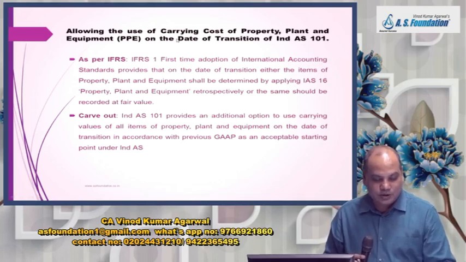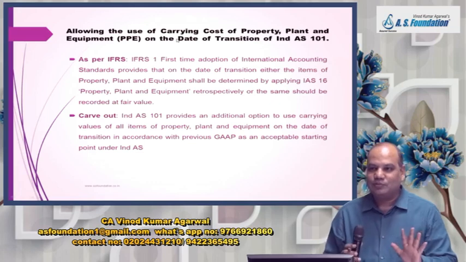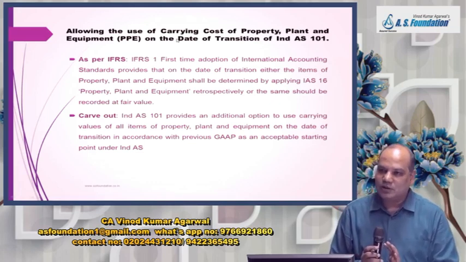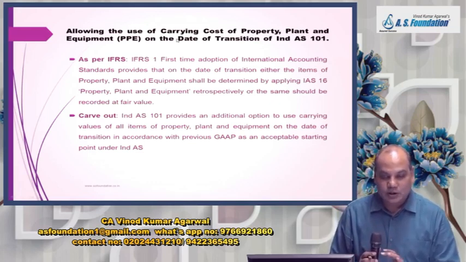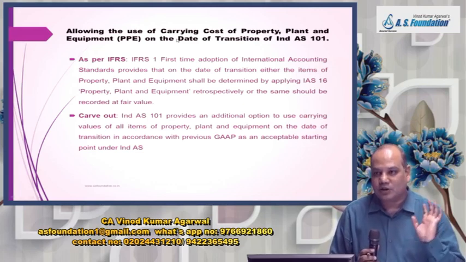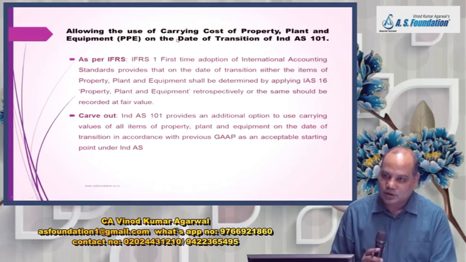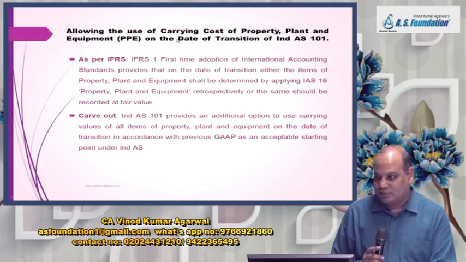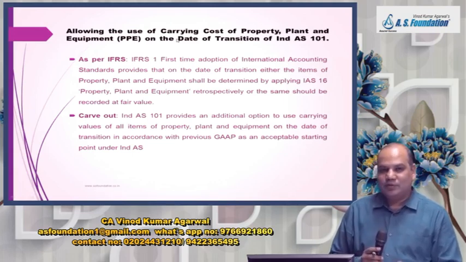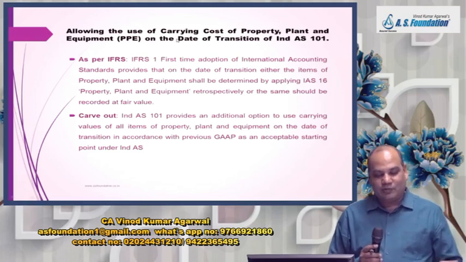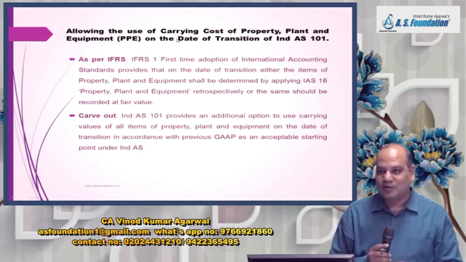So as the Companies Act changes, our applicable standards also change. First the Companies Act originally said follow accounting standards. Then they asked you to follow Ind AS, right? In future they may ask you to directly follow IFRS. Okay, possible. Unnecessary. Why create so many sets of standards?